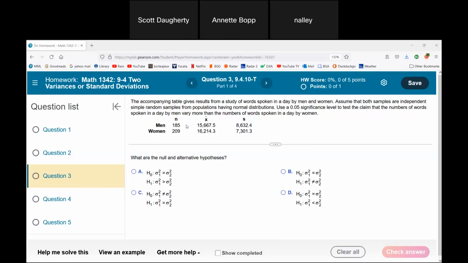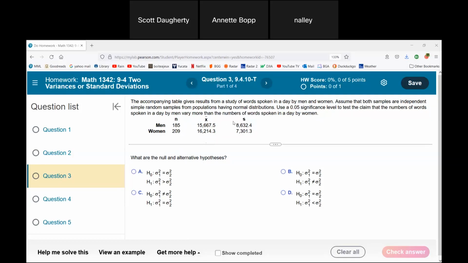What they're getting at is they think that some men don't talk a lot, so they don't use a lot of words during the day, and then there's some men that speak a lot. So there's a lot of variation in the number of words spoken by men. Whereas women, I guess they're saying there's not as much variation.